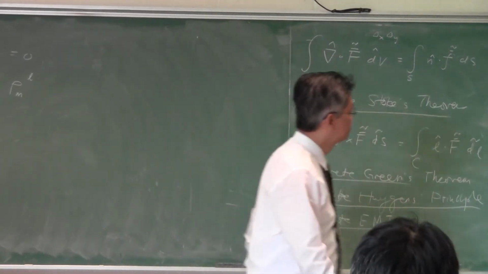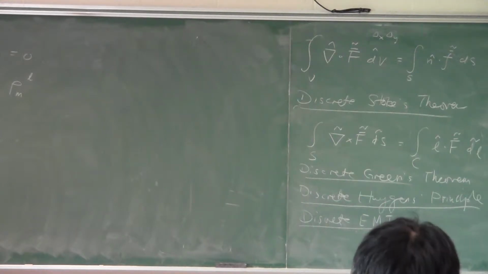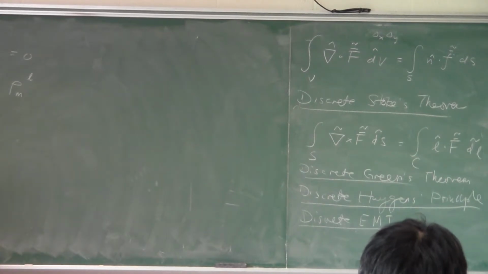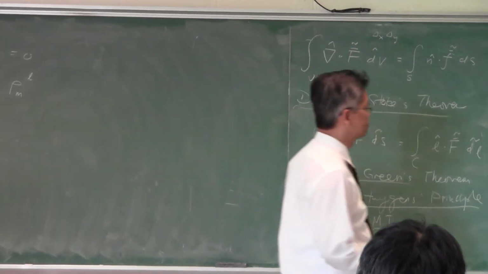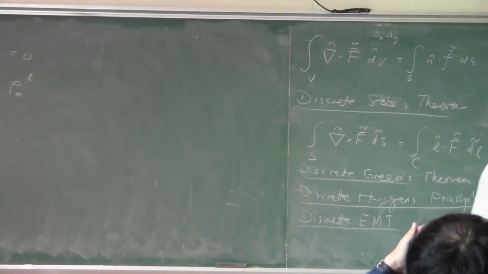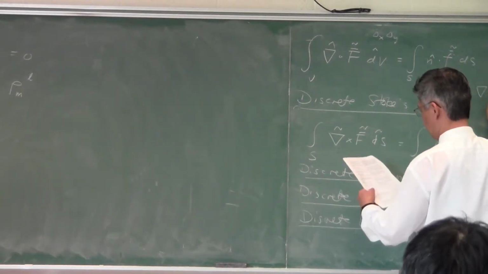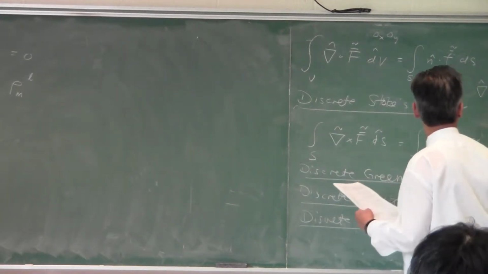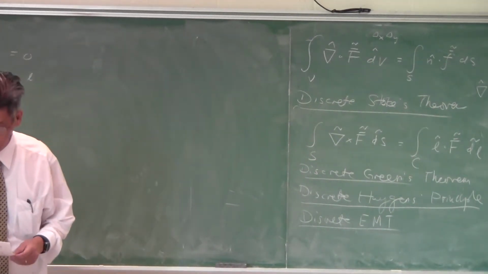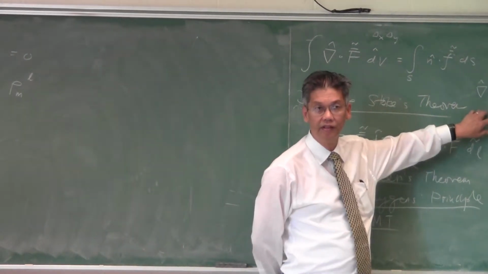And then what is very important is that if you were to take the divergence of this equation, which you will take with the divergence operator, the discrete operator, this left hand side is equal to 0, right?